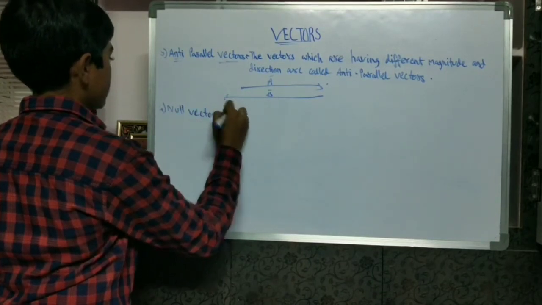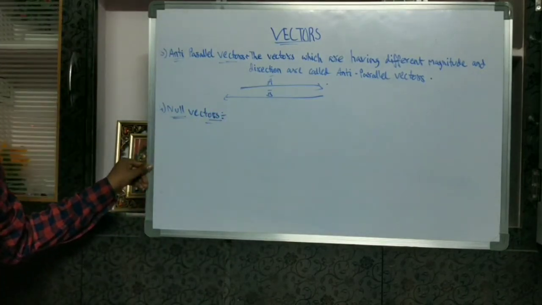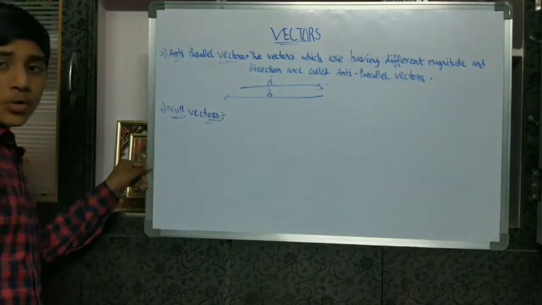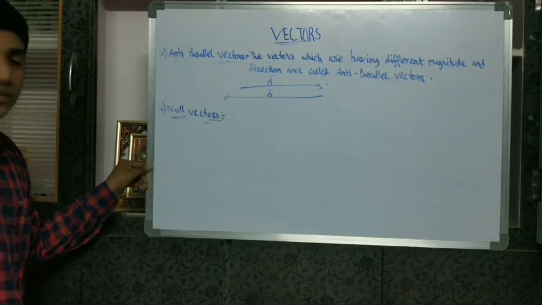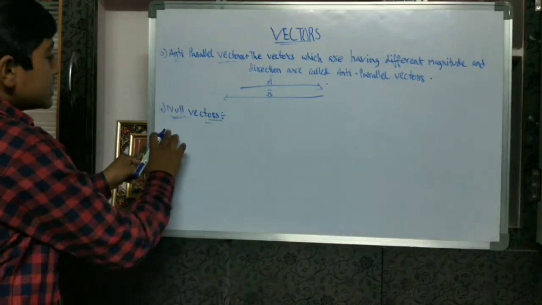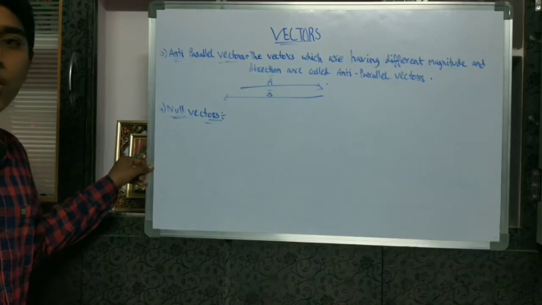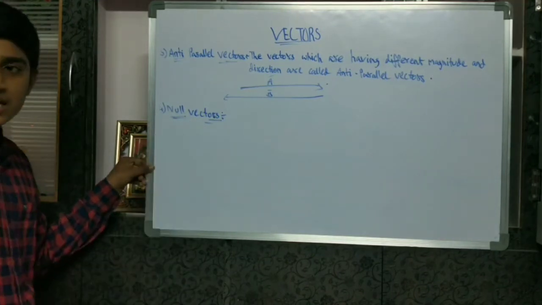Null vectors. What is meant by null vectors? These null vectors can also be called zero vectors. That means vectors which have magnitude 0 are called null vectors.